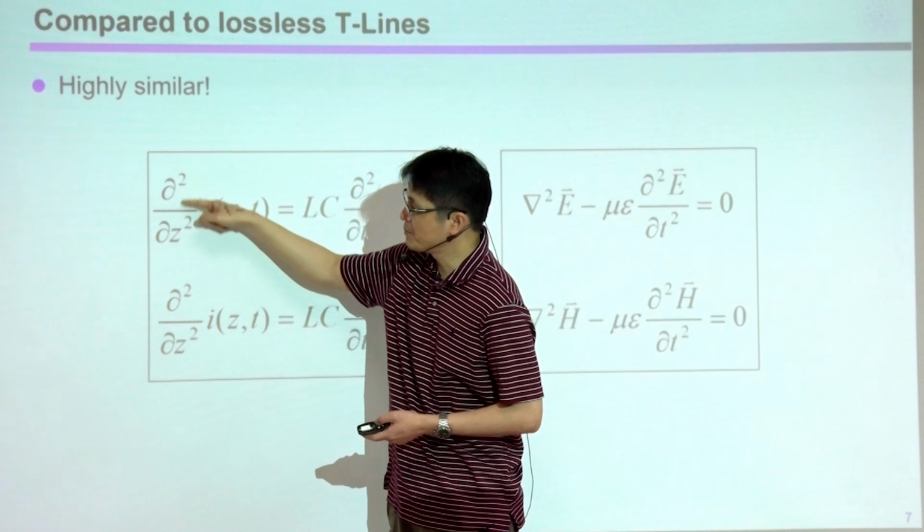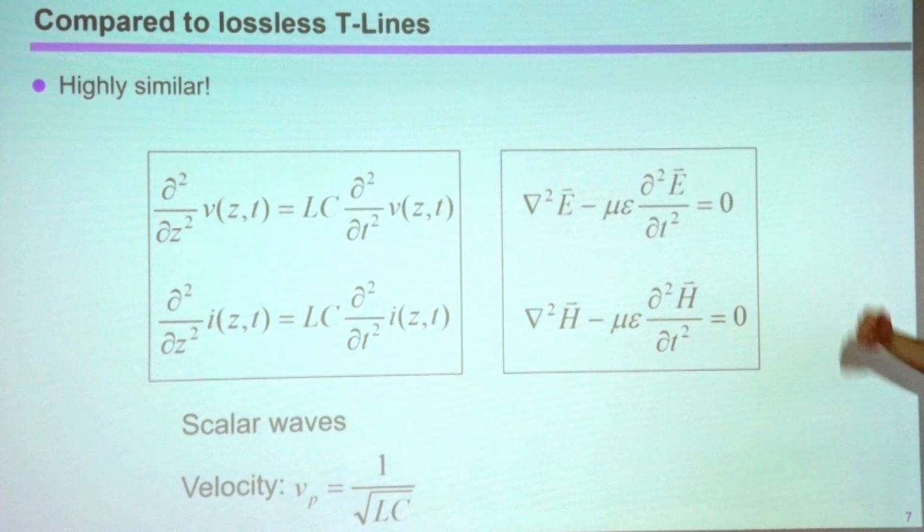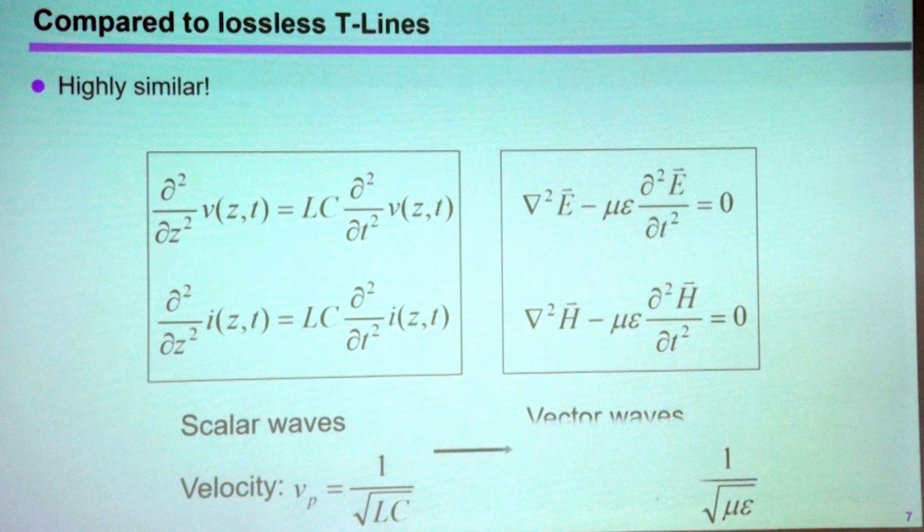Okay? So if you have the scalar wave in the transmission line, all the analysis can be performed using scalar analysis. So that's easy, approachable. And there we have learned that the velocity is 1 over the square root of LC, right? This two multiplication. Now you have a vector wave, the same.